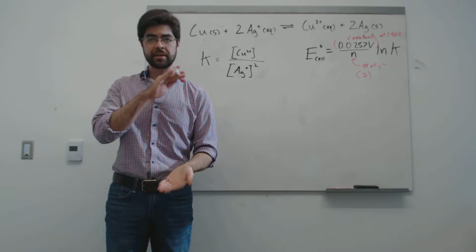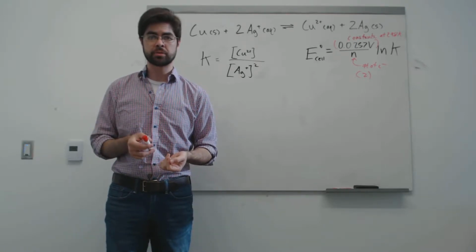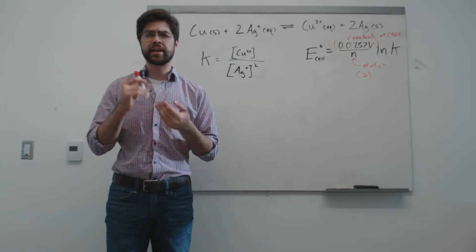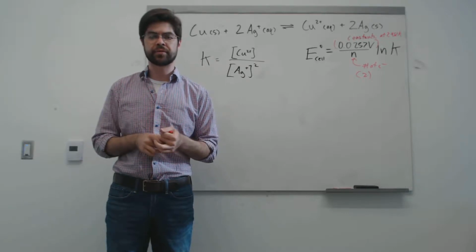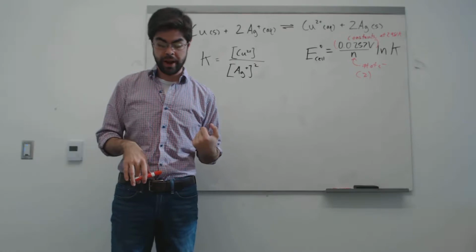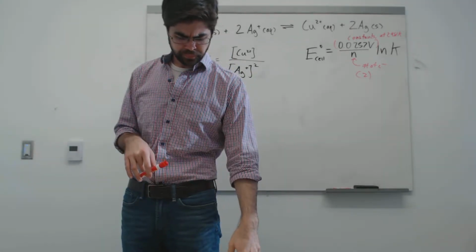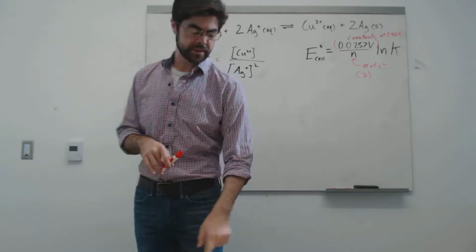So you saw that table that I presented. You can find a much larger table in your textbook in table 18.1. And yeah, we rank cations and metals and gases by their tendency to accept or grab electrons, to reduce themselves. So how does that affect the equilibrium constant?